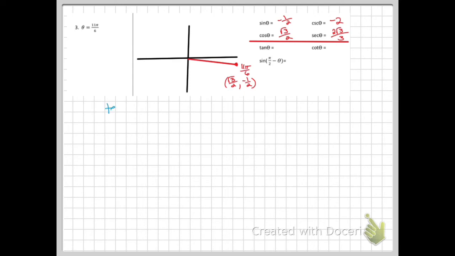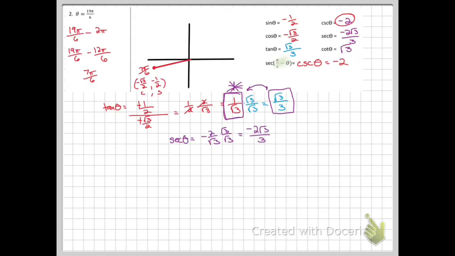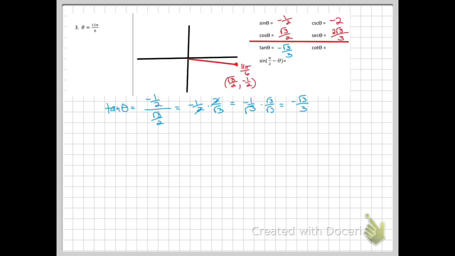Tangent is y over x. Keep the top, flip and multiply. Rationalize. Tangent is negative root 3 over 3. It was positive root 3 over 3 over here.